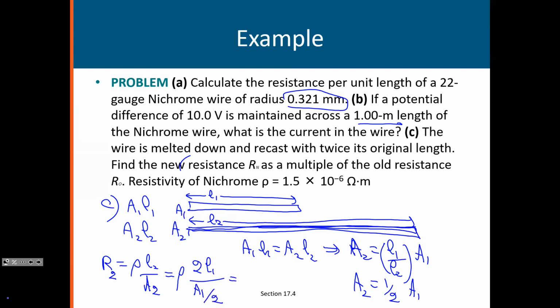See what happened now? The 2, when it comes up, will be multiplication. So it will be 4 rho L1 divided by A1. This is the old resistance. So the new resistance will be 4 times the old resistance.